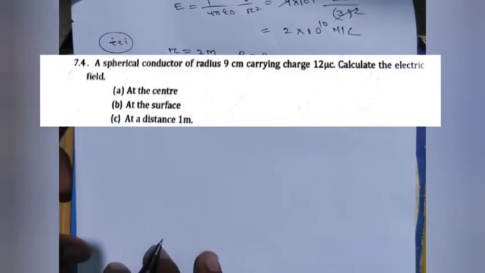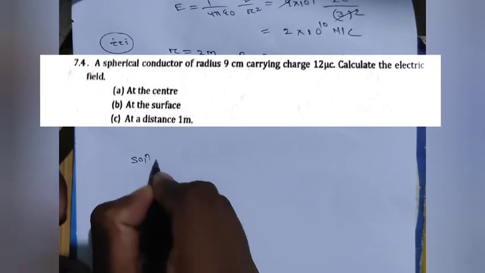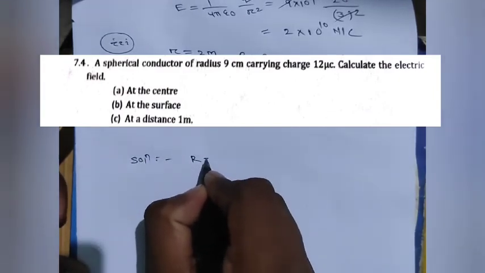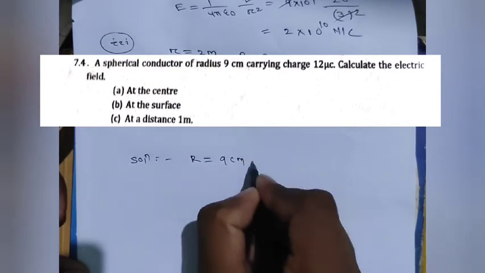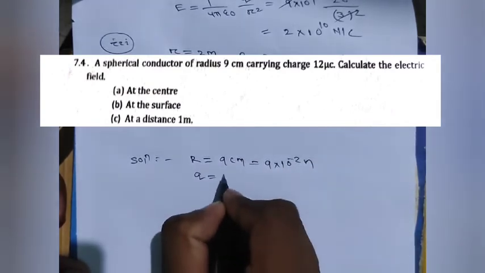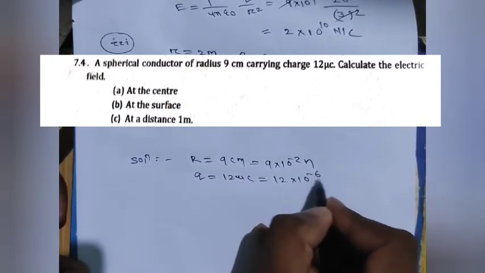A spherical conductor of radius 9 cm carrying charge 12 microcoulomb. Calculate the electric field at the center, at the surface, and at a distance of 1 meter. So given, the radius of the spherical conductor is 9 cm, that is 9 into 10 to the power minus 2 meter, and Q is given 12 microcoulomb, that means 12 into 10 to the power minus 6 coulomb.